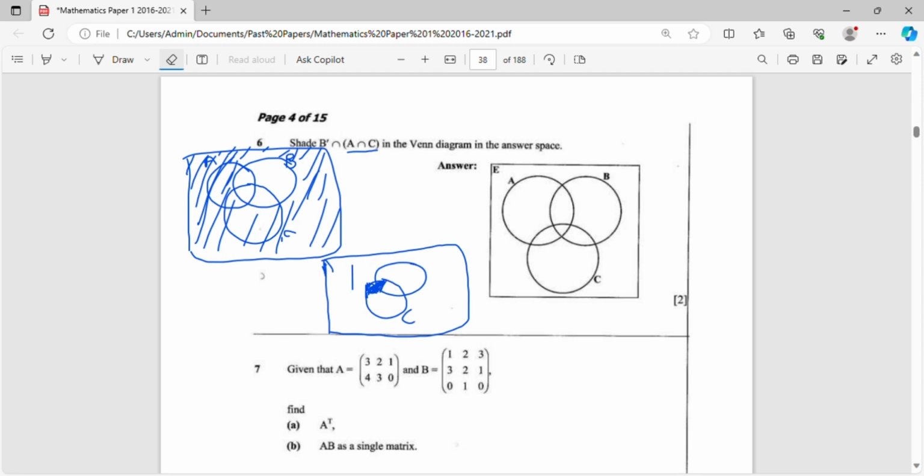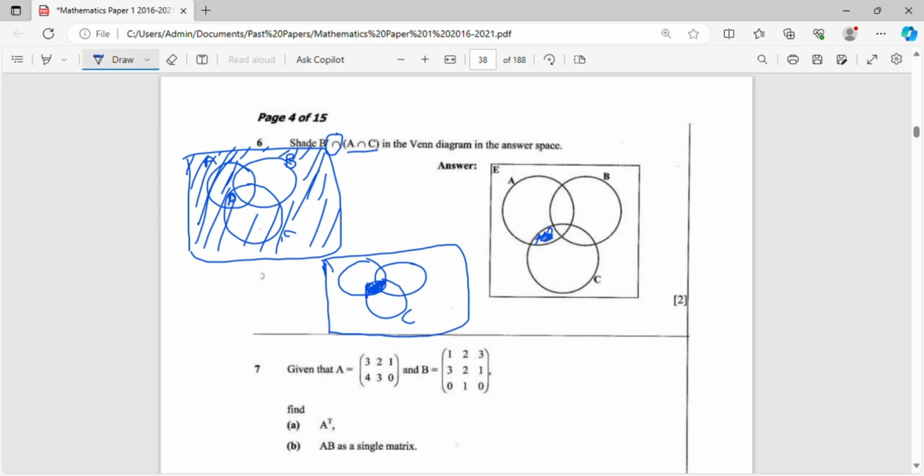So the question tells us B complement intersect A intersect C. So between these two, what is happening is intersection. We're getting what is common between the two. So in these two sets that we have shaded, the common region is this region here.